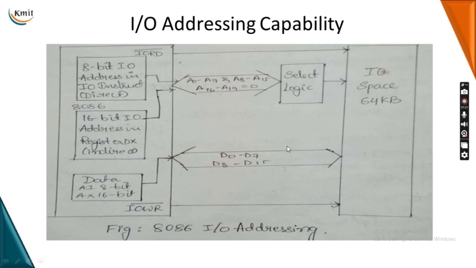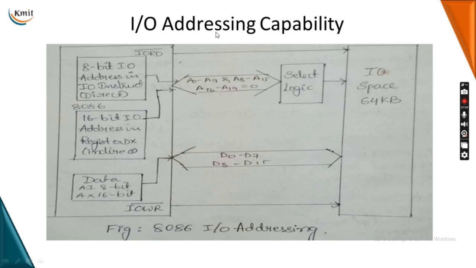So, IO addressing capability. We already know how the addresses in your memory are stored. We have four segment registers, so segments will be storing the data, and in the memory the segments are stored, and the corresponding addresses of the segments are stored in the segment registers.